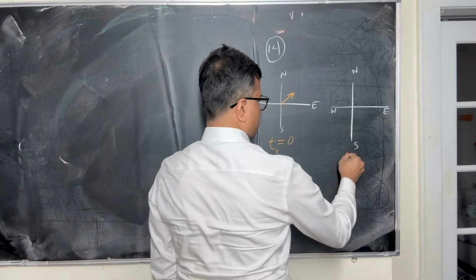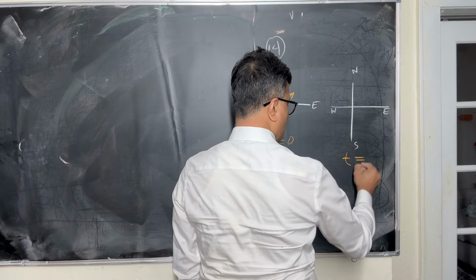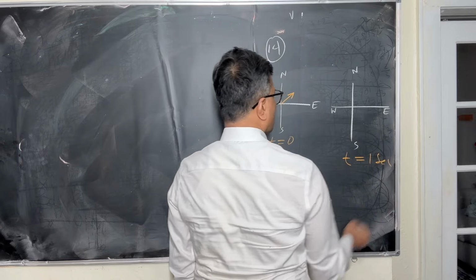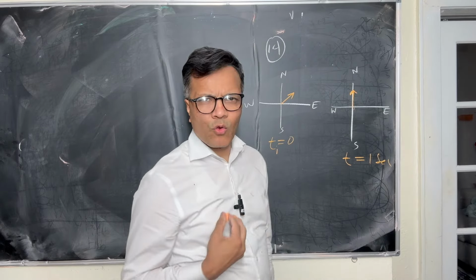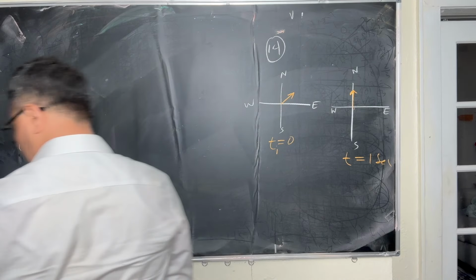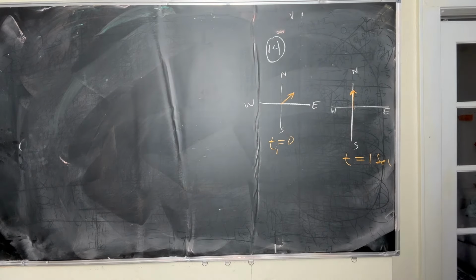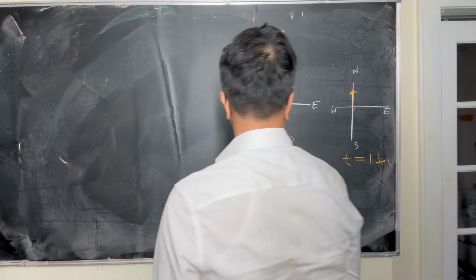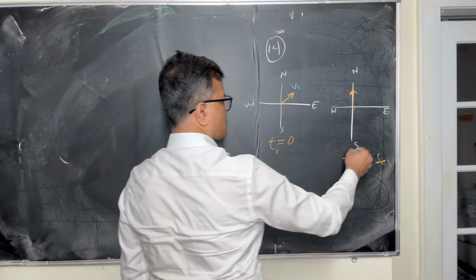At a later time equal to 1 second, the vector looks like this. Now which way is acceleration acting? Okay, let's break the vectors into components.